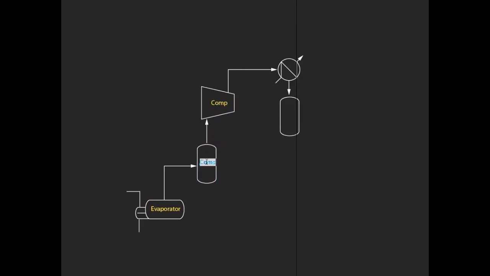This is a drum, knockout drum. This we'll call the condenser. And this one is the accumulator.